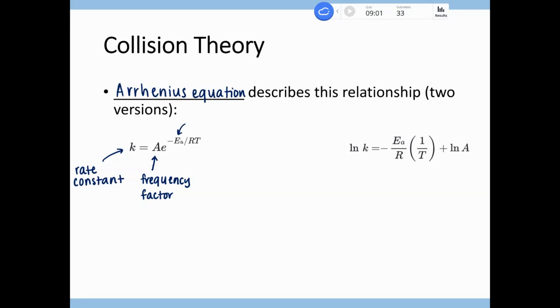Capital E, lowercase a, this is activation energy. R is the gas constant, in joules per mole times Kelvin, because we are also working with energy values here, activation energy. So we'll use the joule version of the gas constant. And then T is temperature in Kelvin.